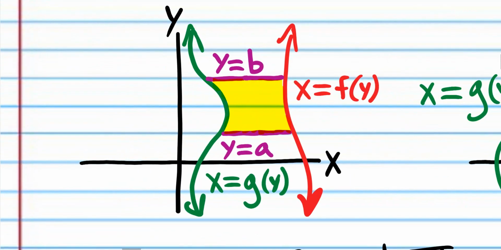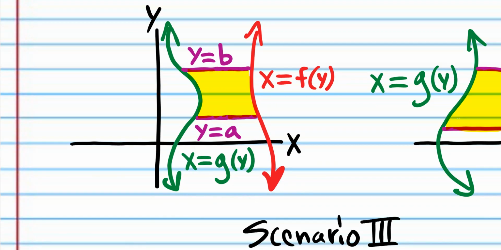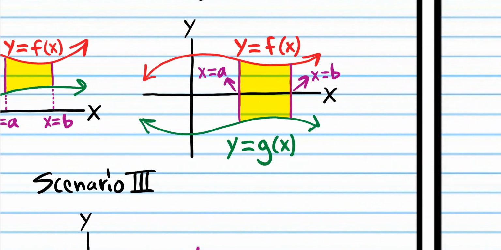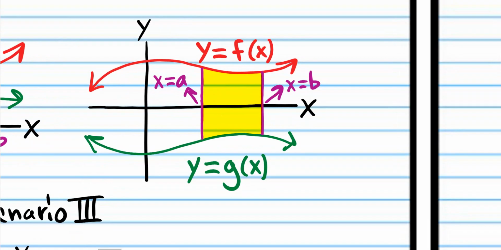And in these situations, we're using rectangles where the widths are actually vertical dimensions. Now, in this situation, the heights of the rectangles are y values, or they're the difference of the y values, and the y values are written in terms of x.